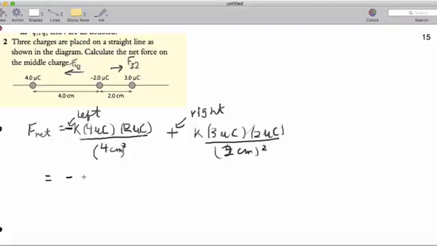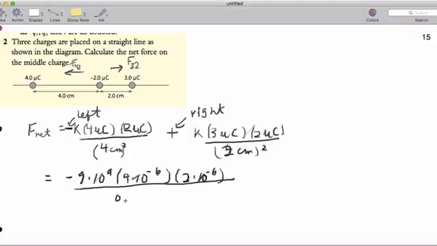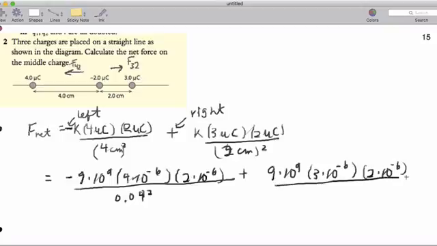So we have -9 times 10 to the 9th times 4 times 10 to the -6th, 2 times 10 to the -6th, over 0.04 squared plus 9 times 10 to the 9th, 3 times 10 to the -6th, 2 times 10 to the -6th, all over 0.02 squared.